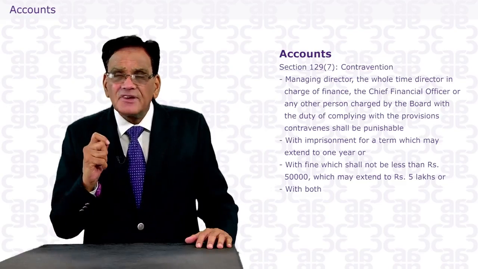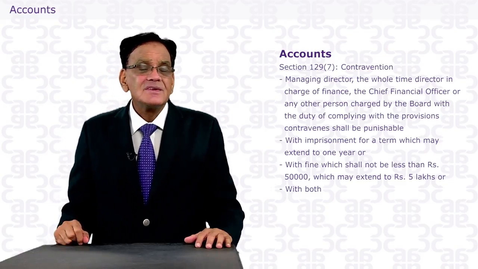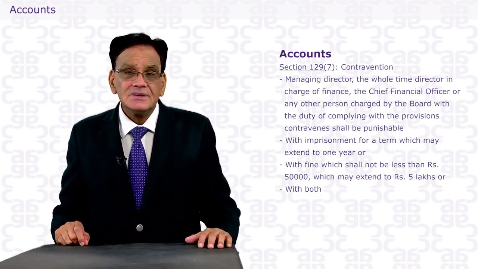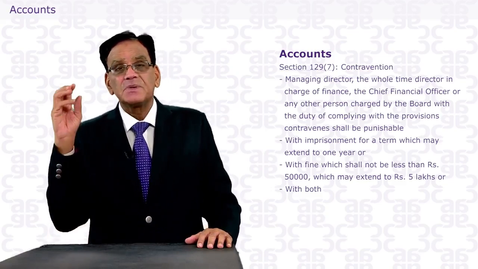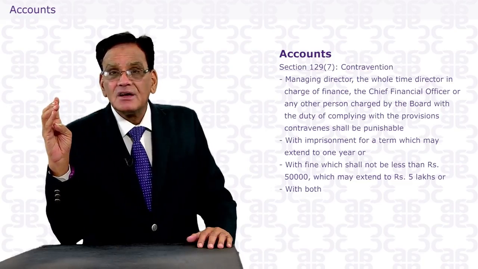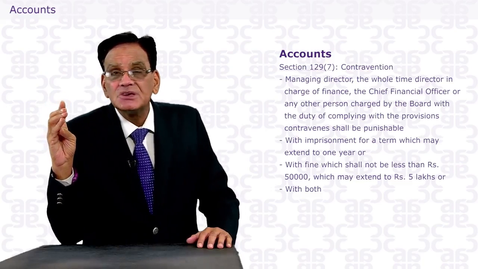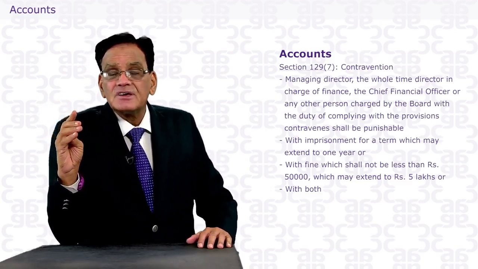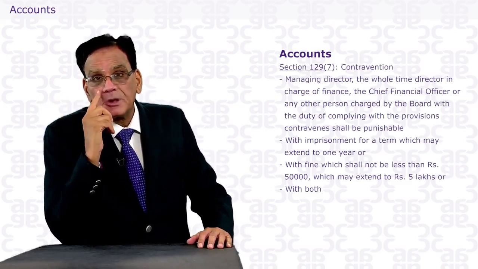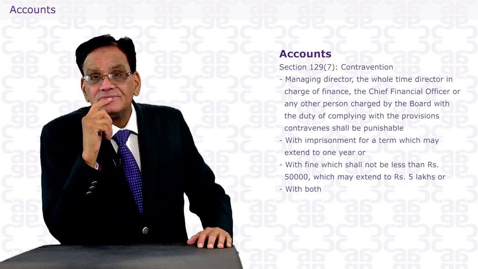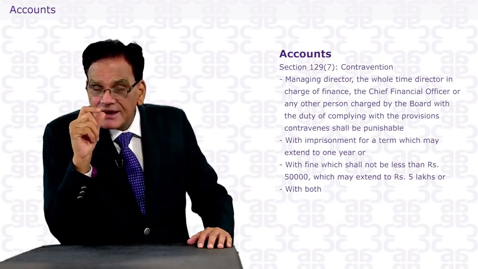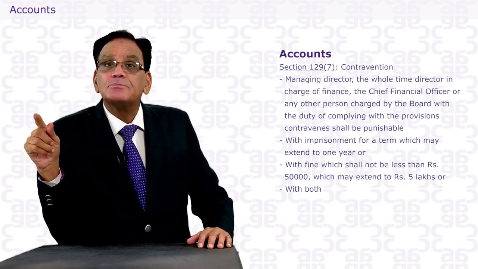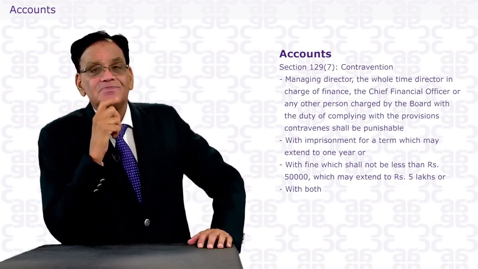But there's a little difficulty in this section. It could have been better if the law had been a little better. These people are liable: managing director, whole-time director in charge of finance, chief executive officer, chief financial officer, and any person charged by the board. It's not sufficient. The law could have been a little better: any person who is charged by the board who is competent and reliable to do this job.